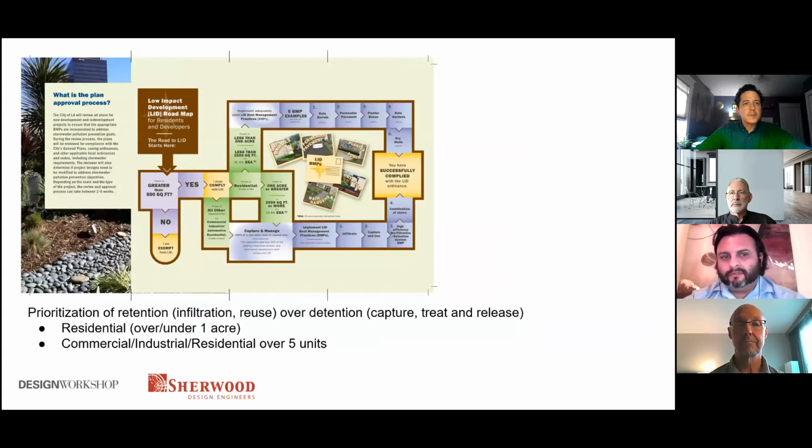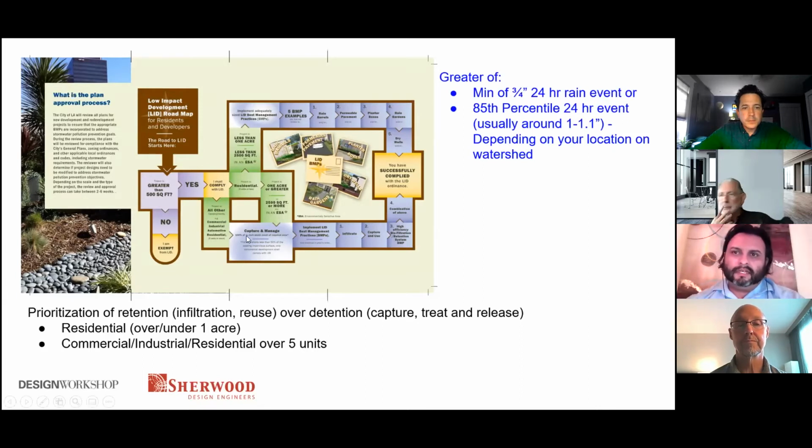Their approach is to prioritize retention, through infiltration and reuse, over detention, which would otherwise be a capture, treat, and release element. Depending on the size of your project, whether it's a residential project over or under an acre, or a commercial, industrial project, or even a residential project that's over 5 units, begins to dictate that pathway within the code with the city.